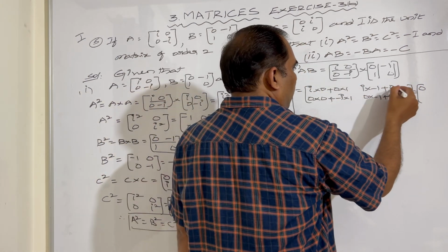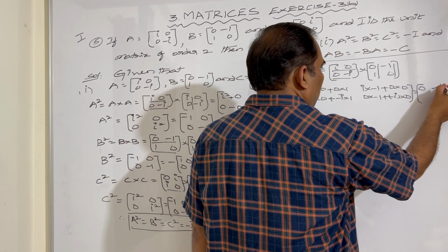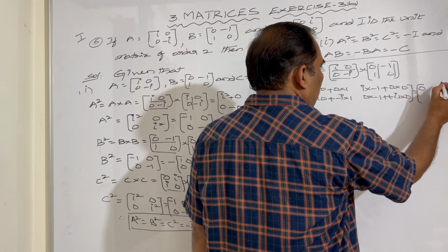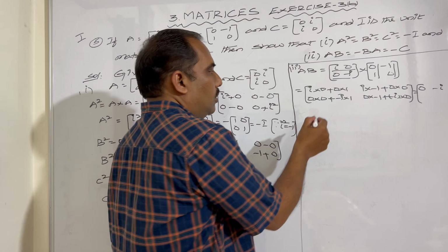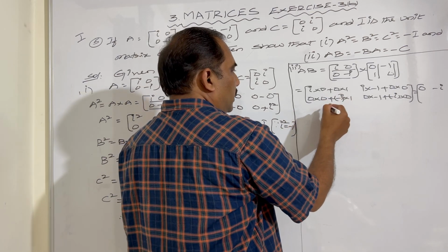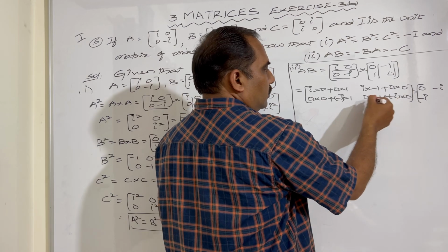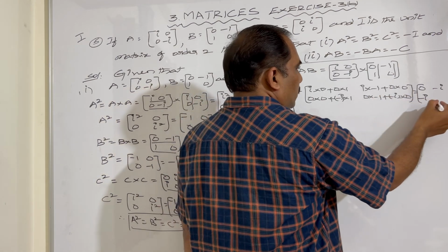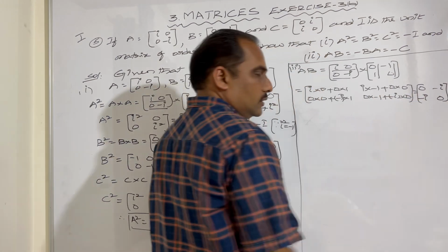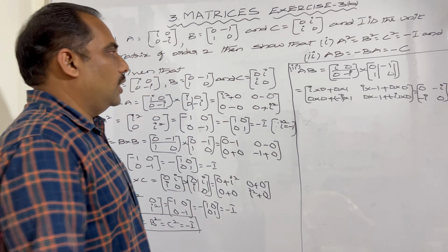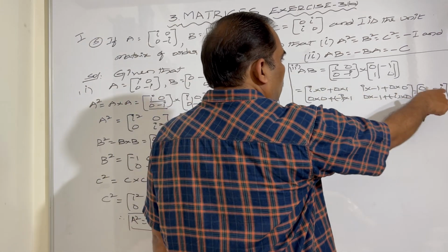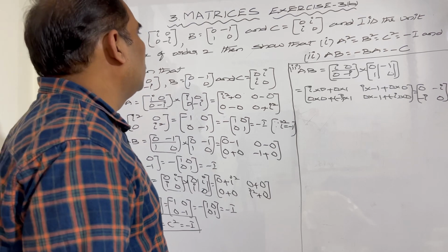Here minus i plus 0, that is minus i. And 0 plus minus i into 1, that is minus i. And here also 0, finally we get 0. See, this is AB. So AB is equal to 0, minus i, minus i, 0.